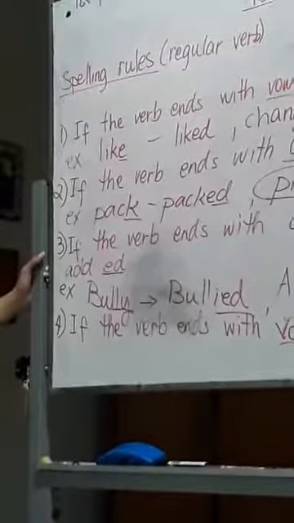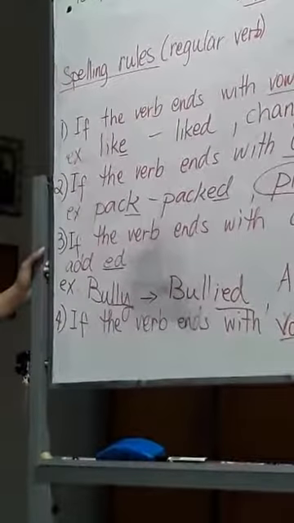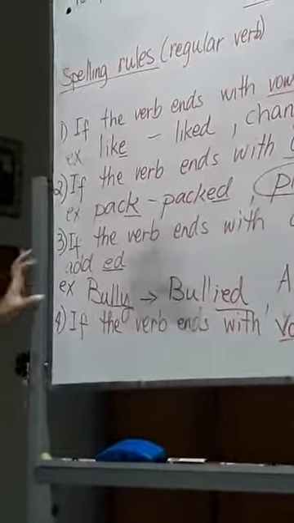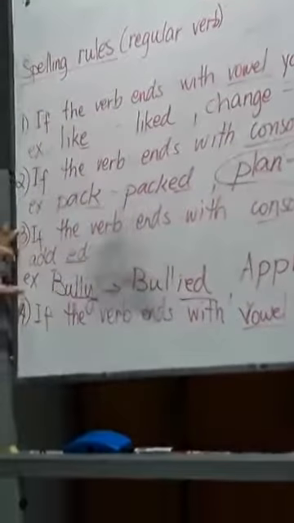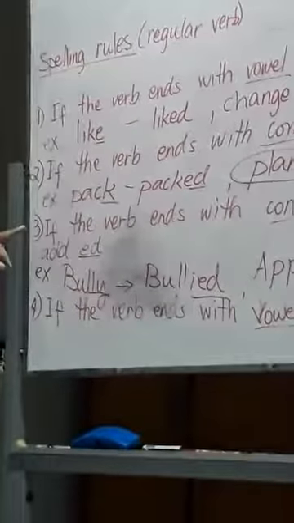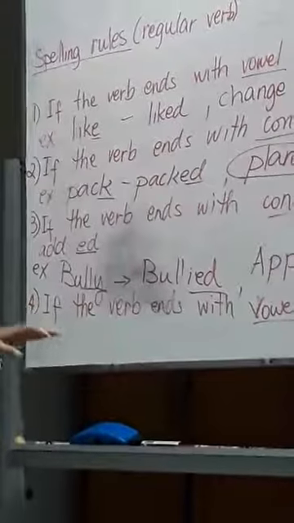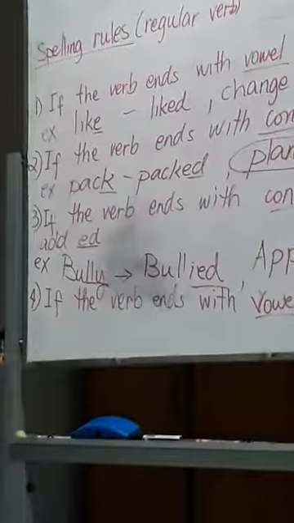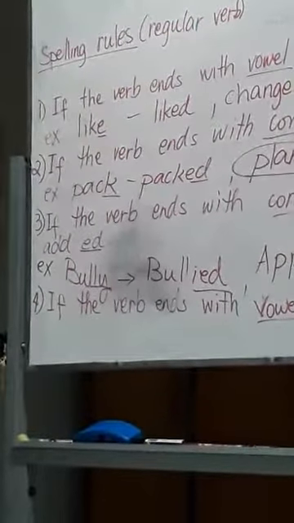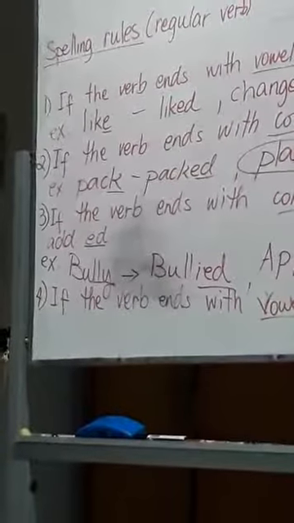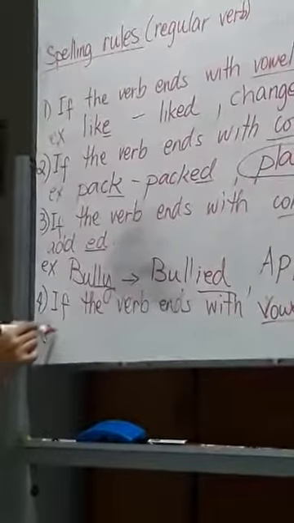You don't have to change Y to I. You just need to add ed. Not like the other one, where you have to change Y to I only if it ends with consonant and Y. But if it ends with vowel and Y, just add ed. No change Y to I. Okay? Can you give me an example?